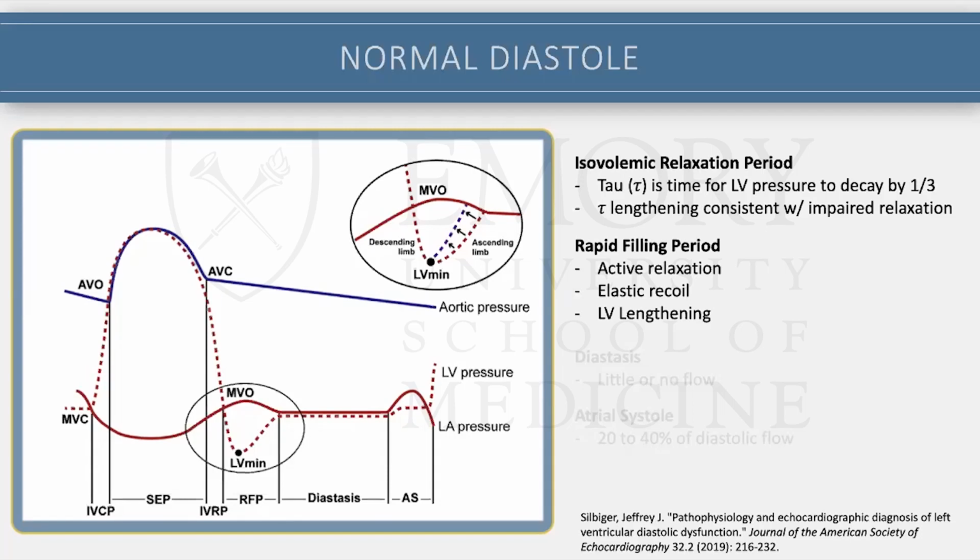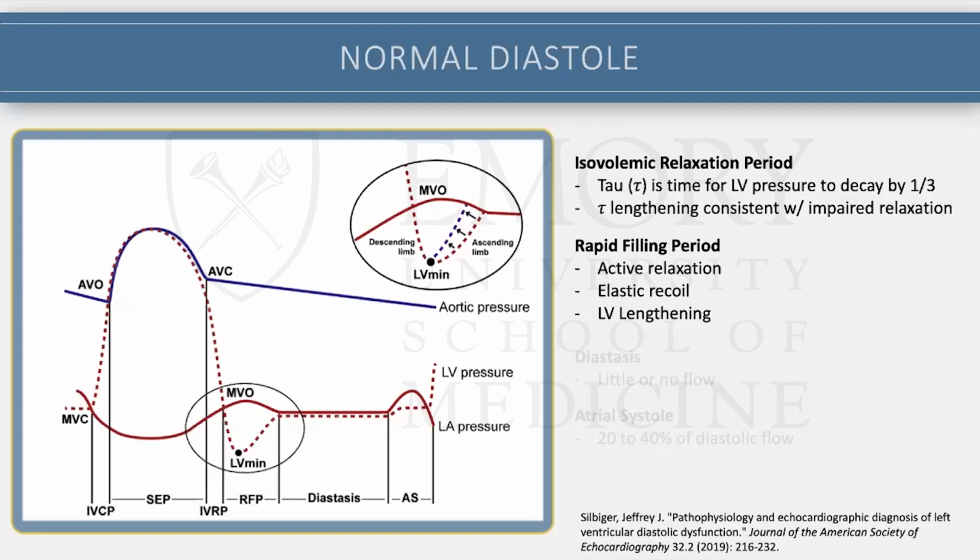There's elastic recoil, which is dependent to some extent on collagen and titin and restoring potential energy in those forces. And then LV lengthening, which addresses responsivity to load, and that has a lot to do with actin and myosin bridging and how responsive that can be to a load from the left atrium.